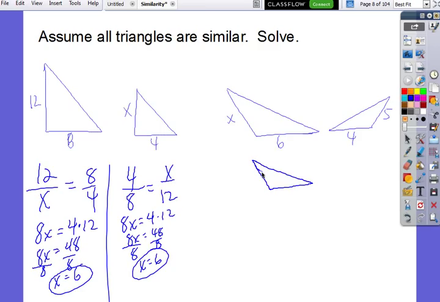I reflected it. So where does that 5 now go? On the left side over here. This 4 stays in the bottom. To me, this is a lot easier to set up than the other way. If you can do it the other way, have at it. I don't care. All right, give me a fraction that would work.